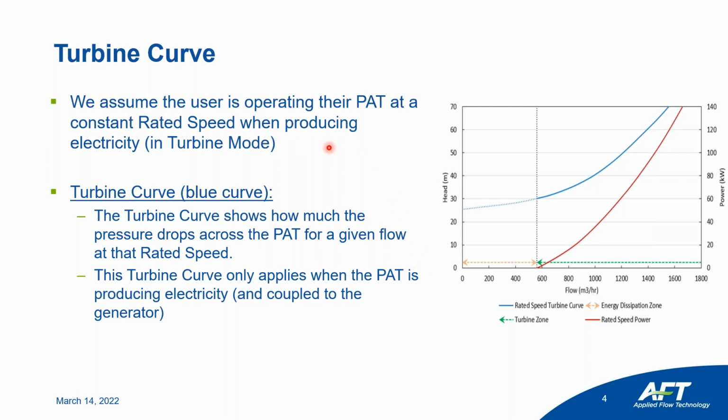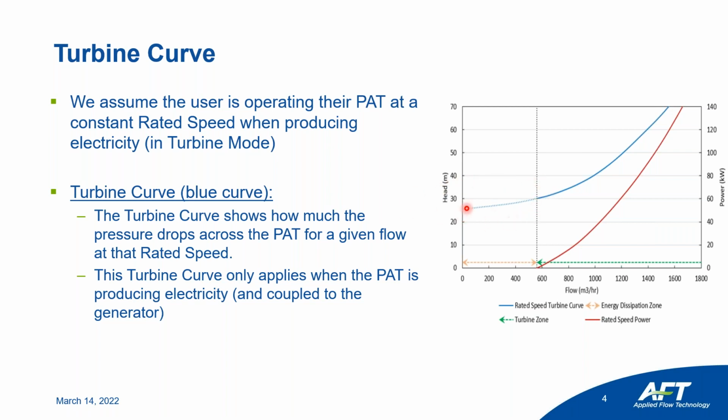We assume that this turbine curve is at a constant speed that we refer to as the rated speed when the PAT is producing electricity. So at that constant speed, you get this blue curve here, and for a given flow, that blue curve gives you a head loss through the PAT.